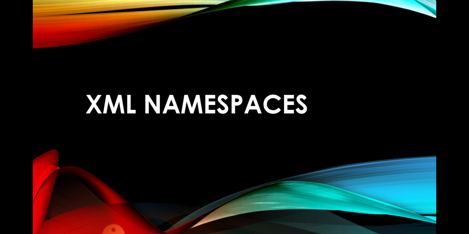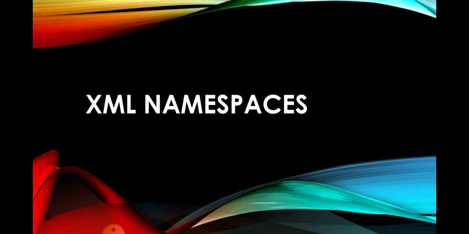So our topic today is about XML namespaces. What is an XML namespace? An XML namespace is a collection of names that can be used as elements or attributes in an XML document. The namespace qualifies element names uniquely on the web in order to avoid a conflict between elements with the same name.